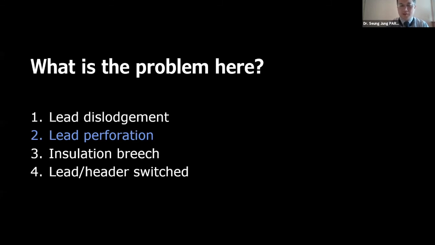But as you know, right atrial perforations can also occur because the right atrial wall is very thin. RA perforation usually occurs when we use an active fixation RA lead. So when we are afraid of RA perforation, we can choose a passive fixation lead.